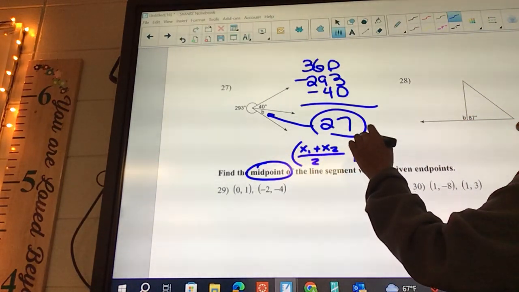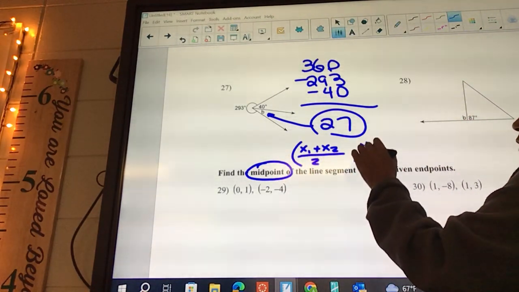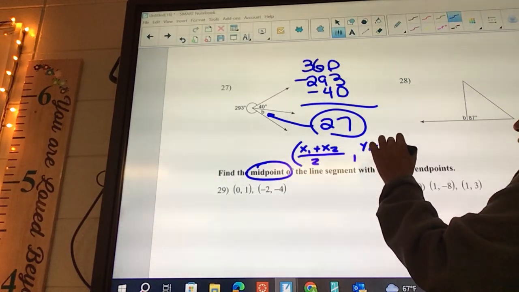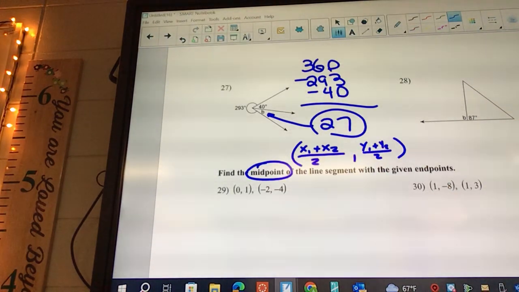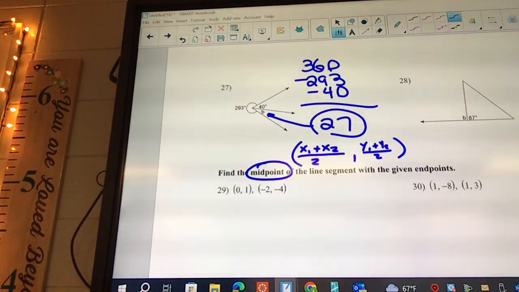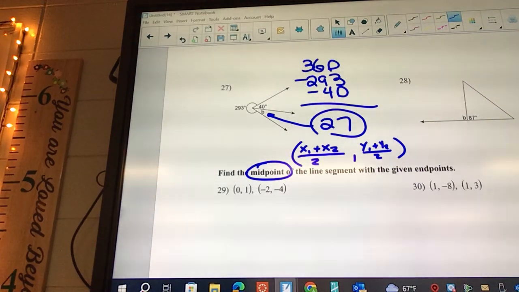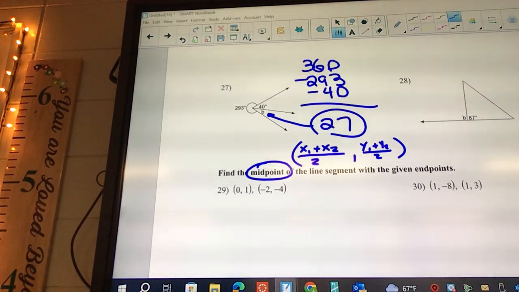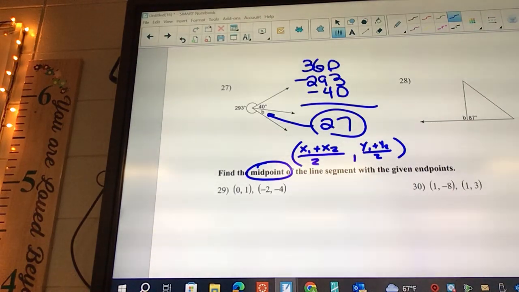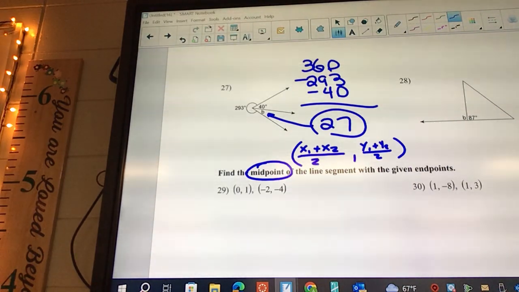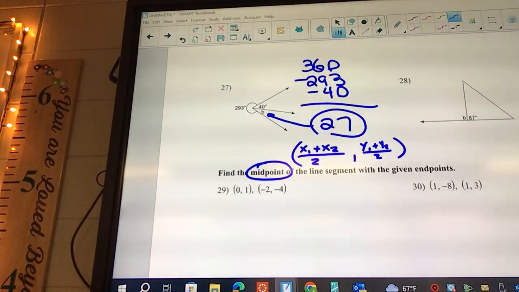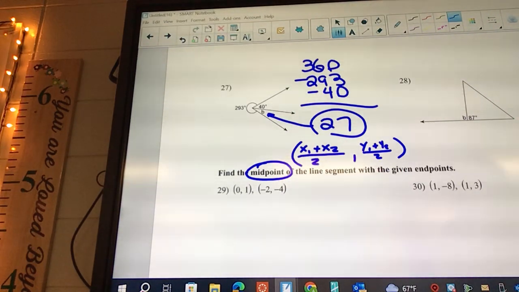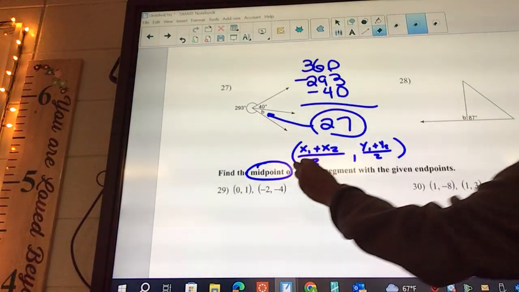And you've got the y1 plus y2 over 2. Okay, so this is to find the midpoint.